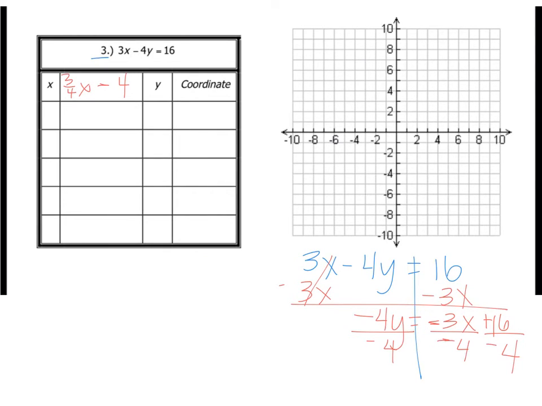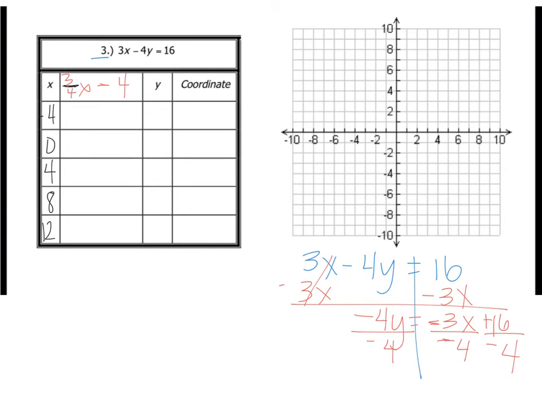So this is where it can get really confusing to pick your numbers that go in for x. What I do is, if I have a fraction, I look at what is in the denominator. In this one, the denominator is 4, so I'm going to go by multiples of 4. So I have -4, 0, 4, 8, and 12.